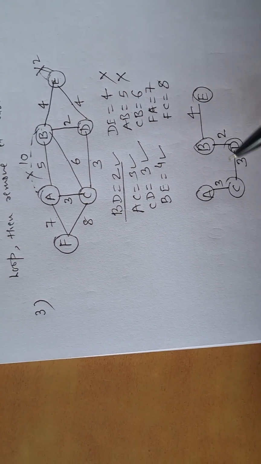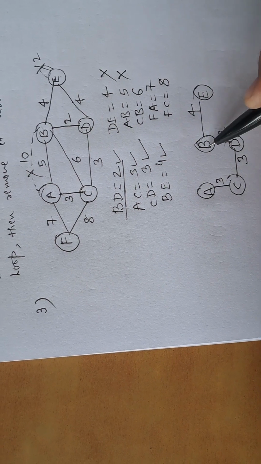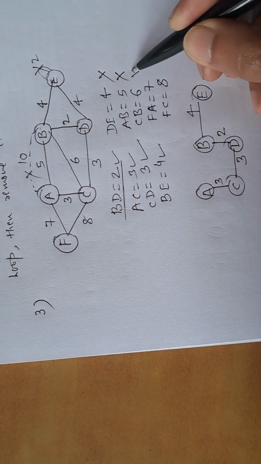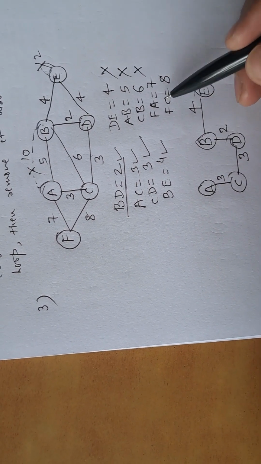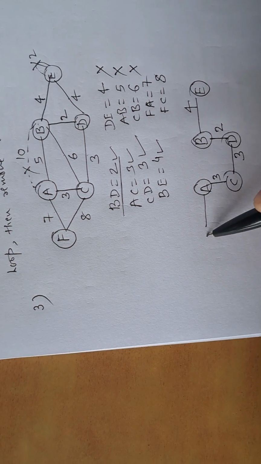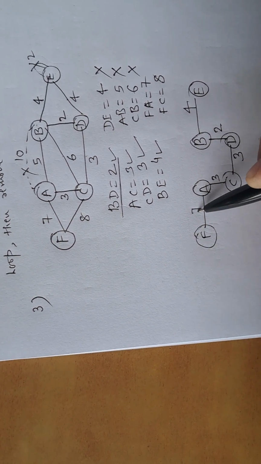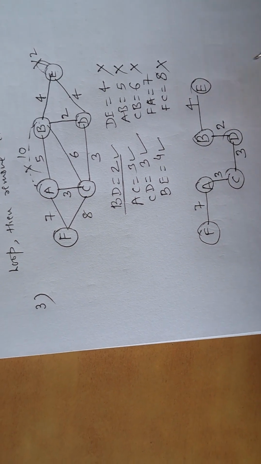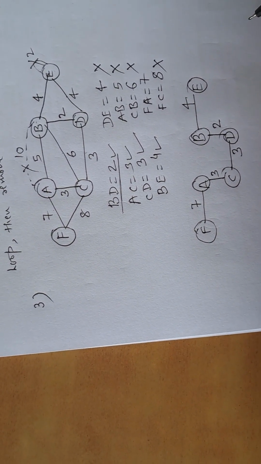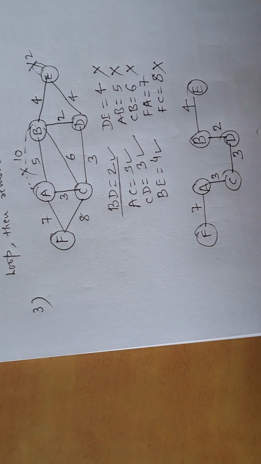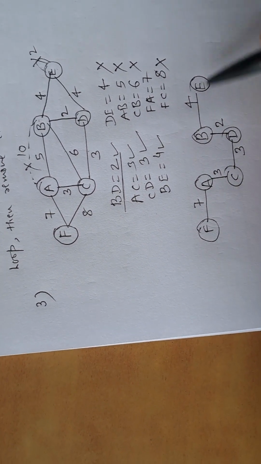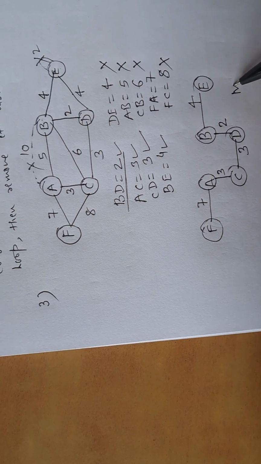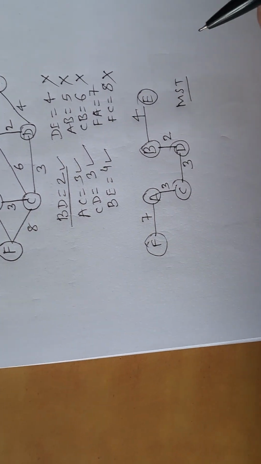And CB also we will not include, because CB also creates a cycle. FA we can include, so we will include FA with 7, and we cannot include FC because it creates a cycle. Now everything is included, and this is basically a minimum cost spanning tree, the MST, we got as an answer.